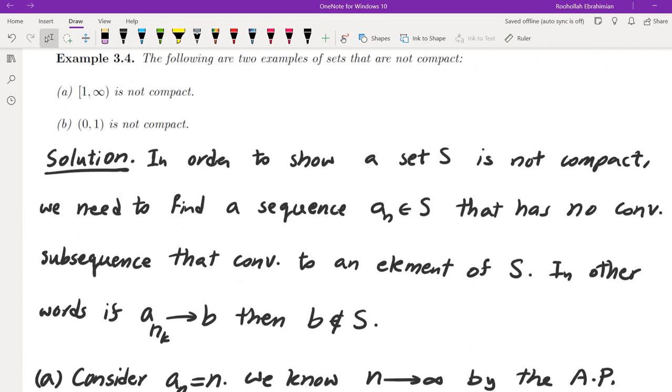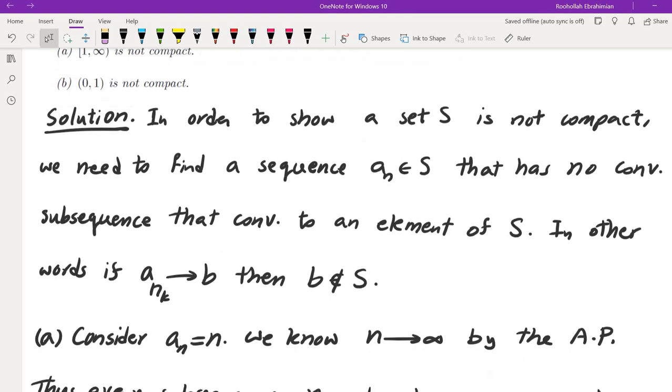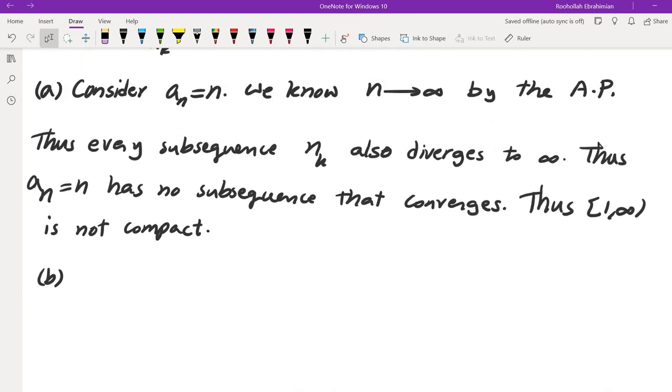Okay, so we're going to look at the next one. We have the interval from 0 to 1, and we want to find a sequence inside that interval that doesn't have a subsequence that converges to a number between 0 and 1. So we're going to create the sequence in a way that it converges to something on the boundary.